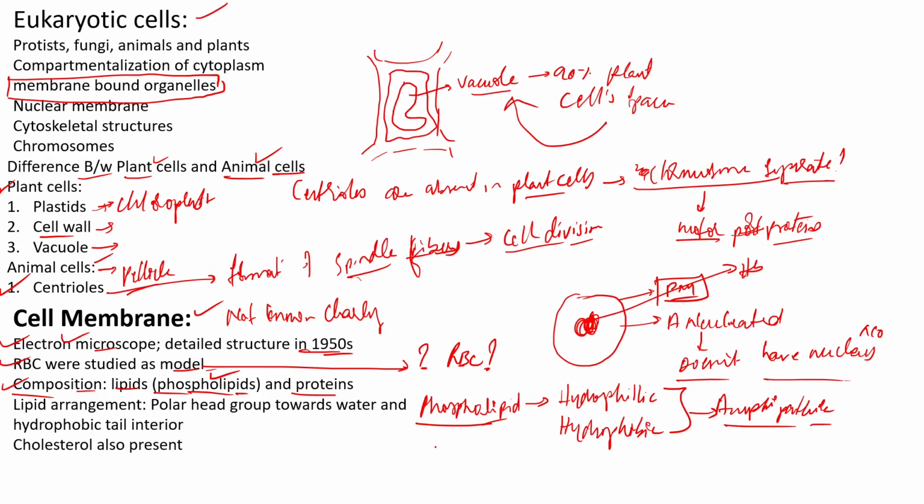Interestingly, the lipids in the cell membrane, that is the phospholipids, are amphipathic in nature. Now let us look into the structure of the phospholipid. Generally you see that there is a polar head group, which we call the phosphate head group, and you find two tails.